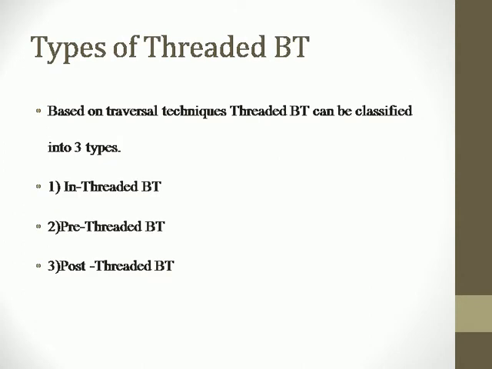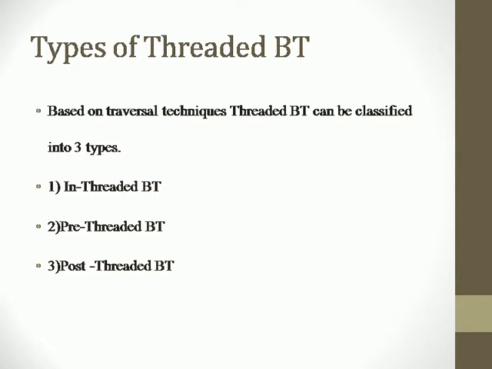In threaded binary trees, based on the traversal, three types are possible: in-threaded binary tree, pre-threaded binary tree, and post-threaded binary tree. In the first type, the in-order traversal of a binary tree is used to find the in-order successor or in-order predecessor for the generation of the threads.